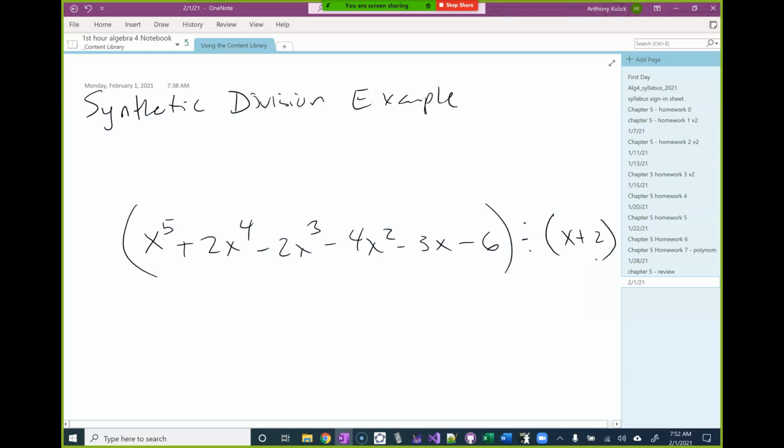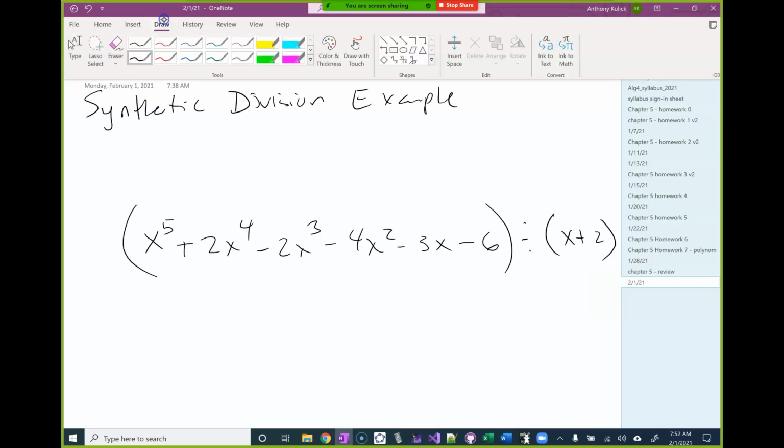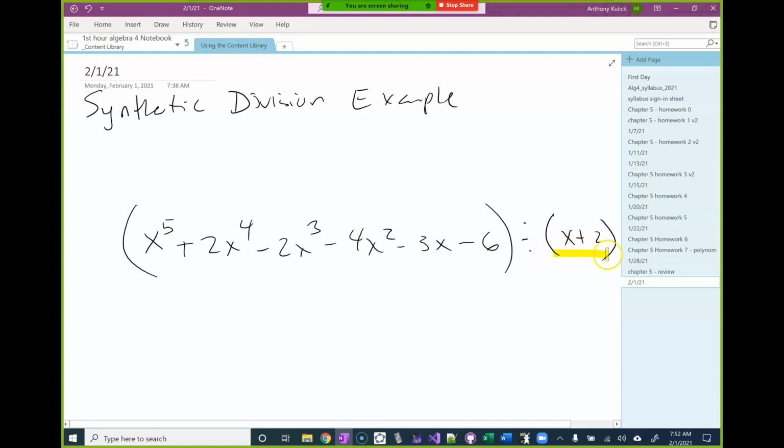Okay with that? So first thing, to do synthetic division, the divisor has to have degree 1 and the leading coefficient of 1. That means it has to have just x to the first and then a constant, which is what we have here, right?